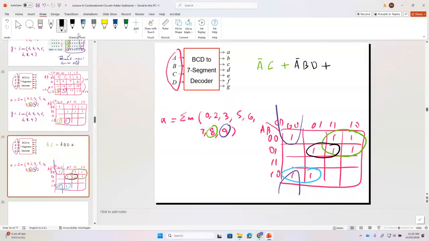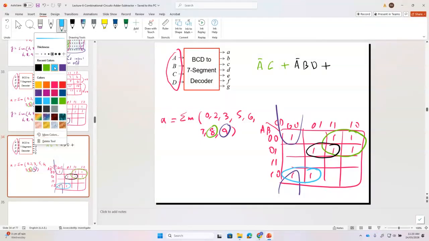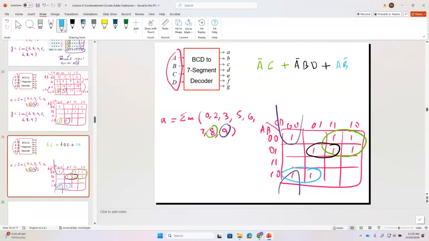Now I want the expression for the light blue one. The light blue is actually A B bar, C bar, plus. And then I want to find the expression for the purple one.